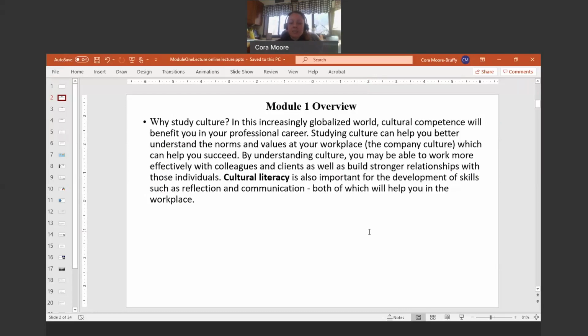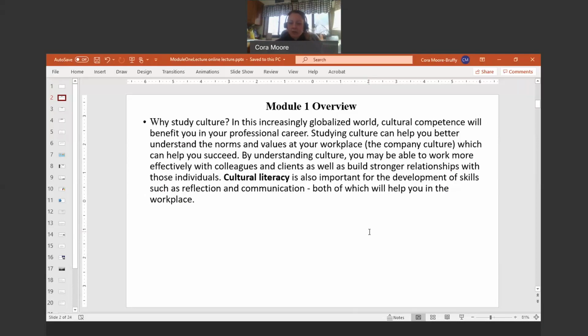And when it comes to studying culture, we want to make sure that we look at those norms and values that constitute our cultures. In saying culture, we have to understand that culture is not just this large group of people. Basically, culture is all the things that we do that make us human.